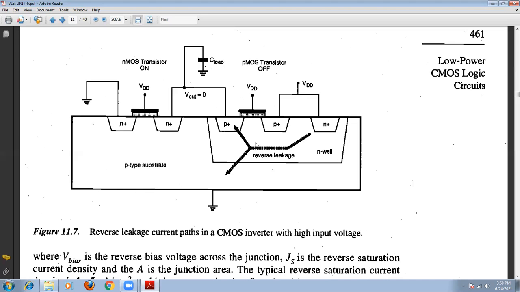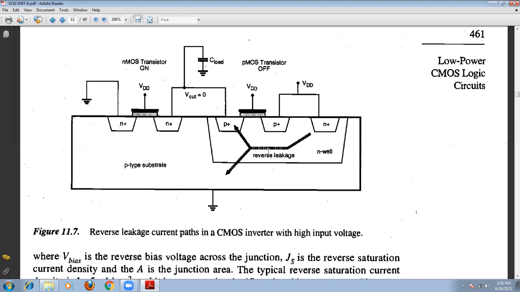Already we discussed. Similarly, in the N-well region, there is the PMOS transistor here. The PMOS transistor is also reverse biased with VDD. This transistor is the pull down transistor, and there is a pull up transistor here. So this transistor is reverse biased, and at the same time this transistor is also reverse biased. Therefore, once again there exists a leakage current.